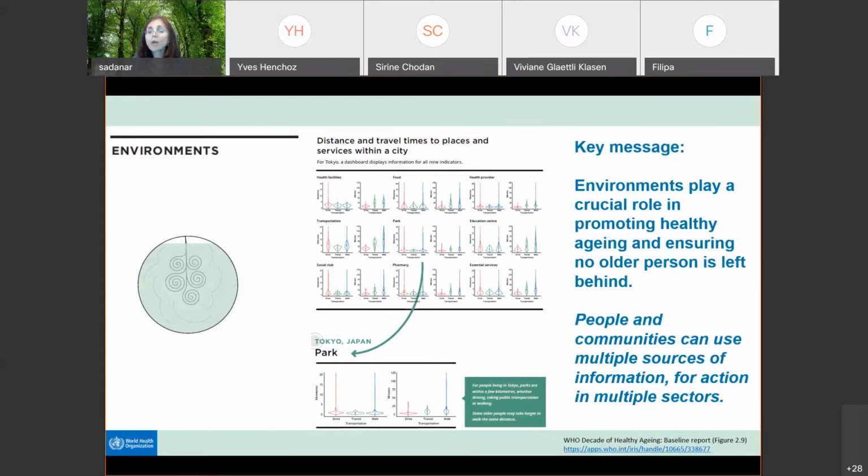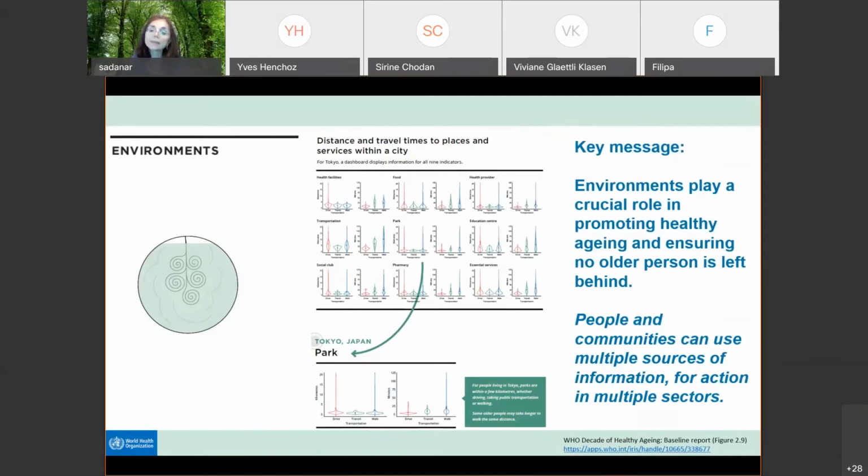And what we were able to do for each city was to show a dashboard from around the world that indicates how far and how long by walking, driving, or taking public transportation you can get there. You can't see the details, but this is the dashboard for Tokyo, and a highlight there is that getting to a park is really close, both by distance and time, pretty much wherever you are in the city.